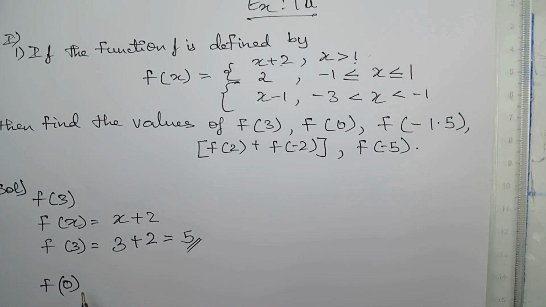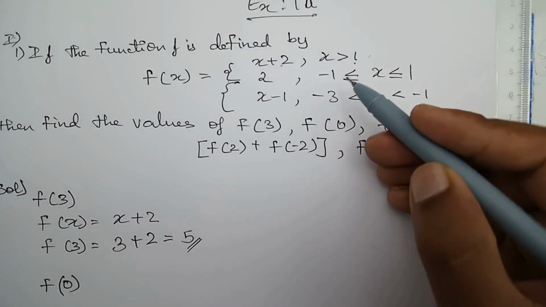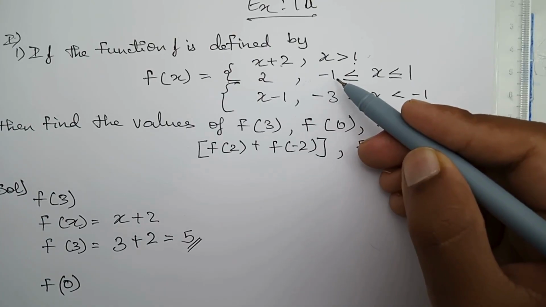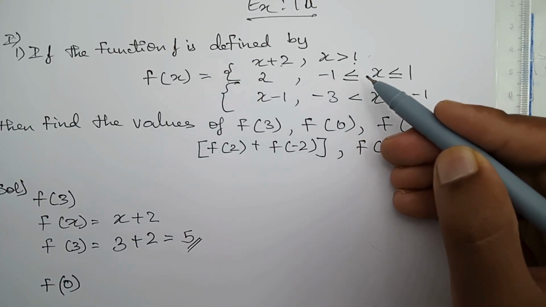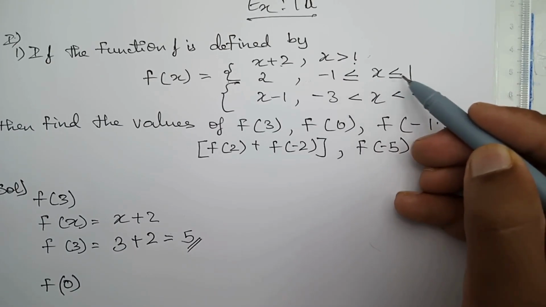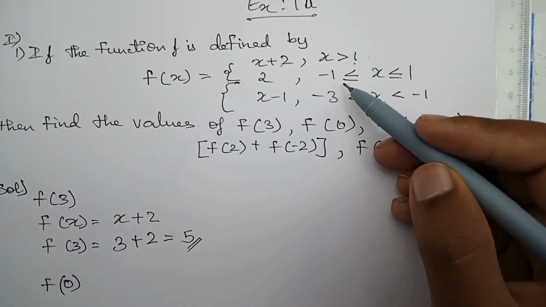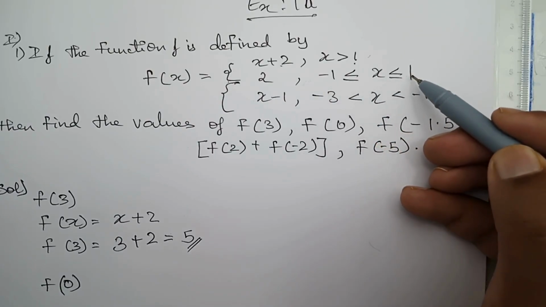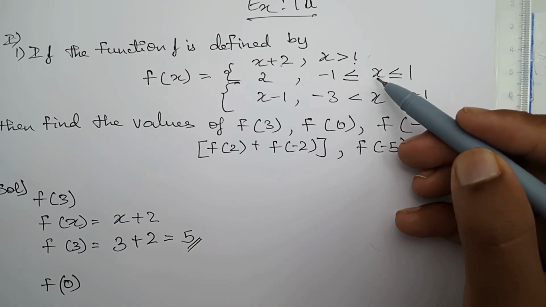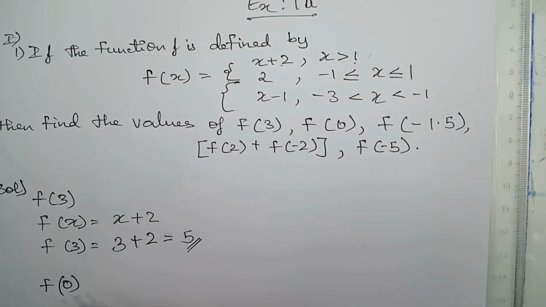Now we have f of 0, that is the second condition, minus 1 is less than or equal to x, that is less than or equal to 1. 0 is in between 1 and minus 1, so we can take x as 0.